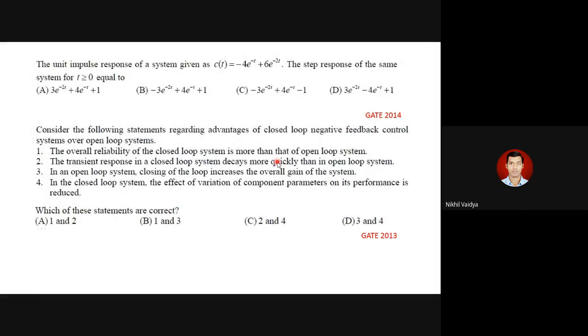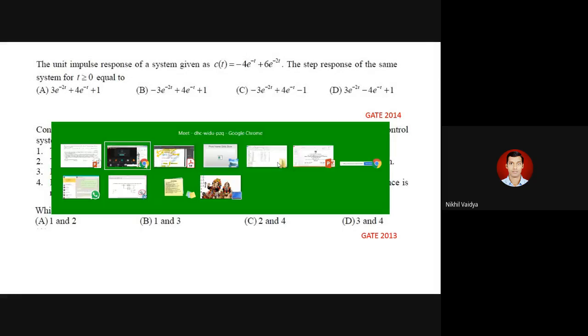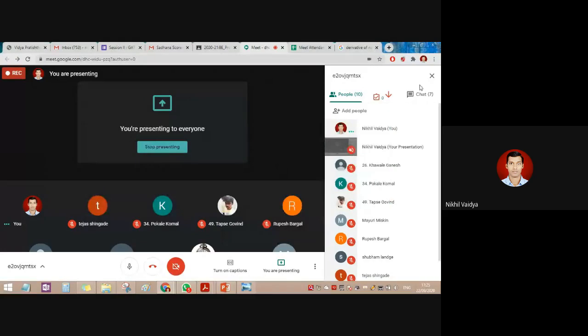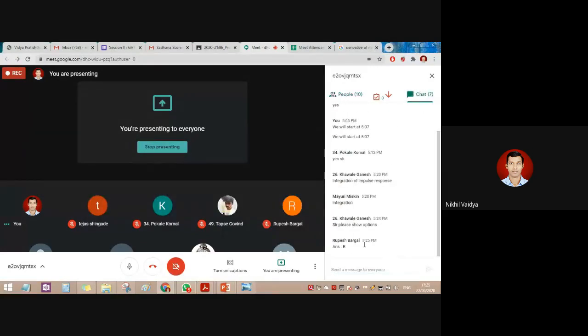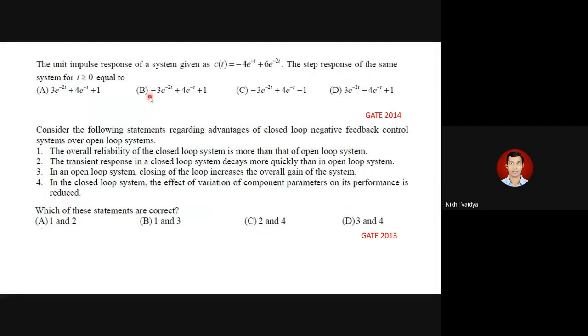Ganesh, can you tell which option is correct? Rupesh, answer is B. Okay. Rupesh, your answer is incorrect. Answer is C.